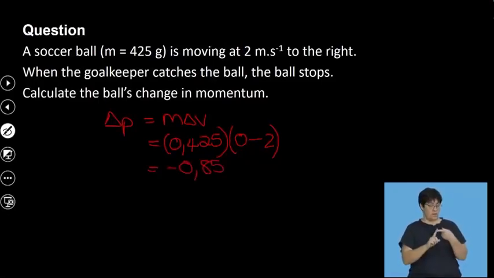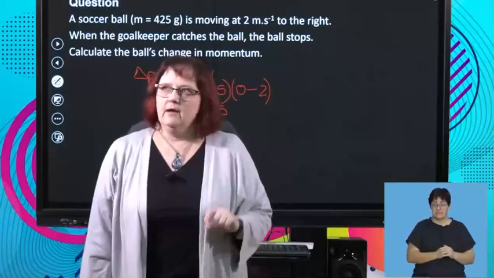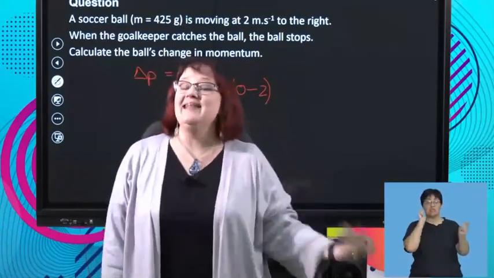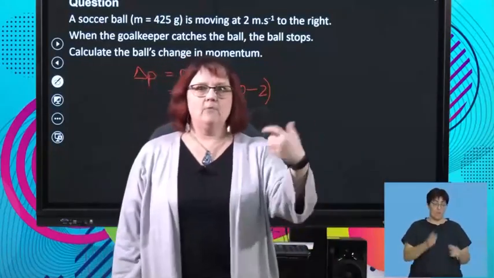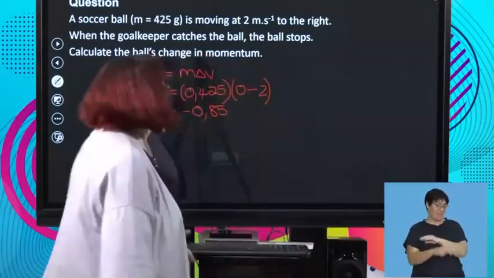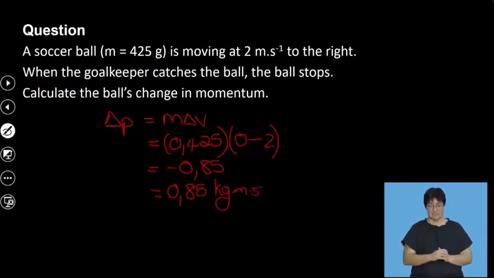Number one, it's bigger than the last one we did. We expected that. Number two, it's negative. That means that the change in momentum is to the left, because our answer is negative and the positive direction is to the right. So this becomes 0.85 kilograms meters per second to the left.